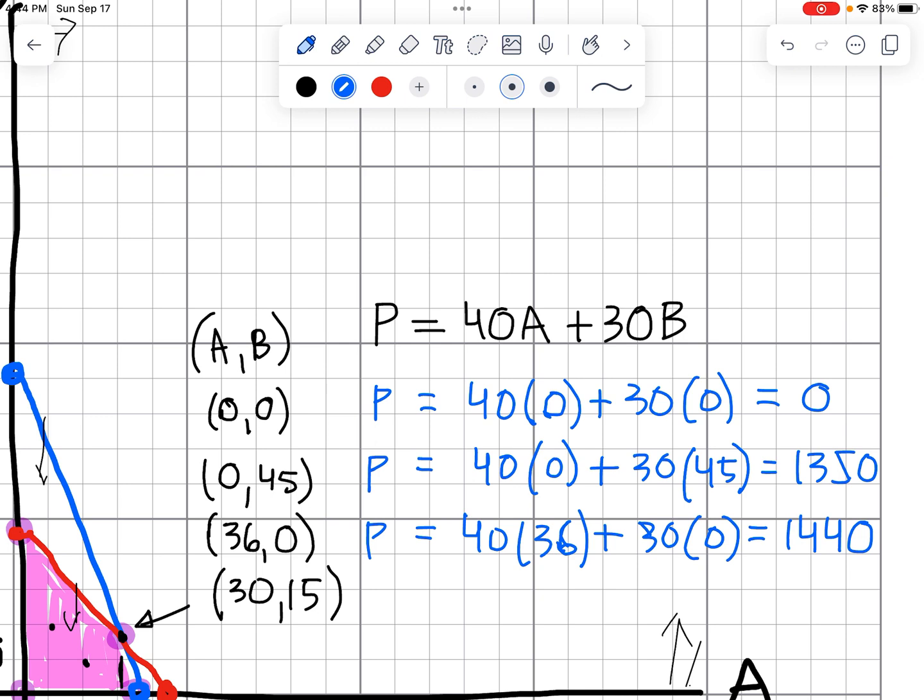And then finally, our last one. So before I do this one, okay, we can see my profit would be 0 if I made 0 batches of A and 0 B. 1,350 if I made no A's but 45 batches of B, and so forth. And so I'm going to test this last one.